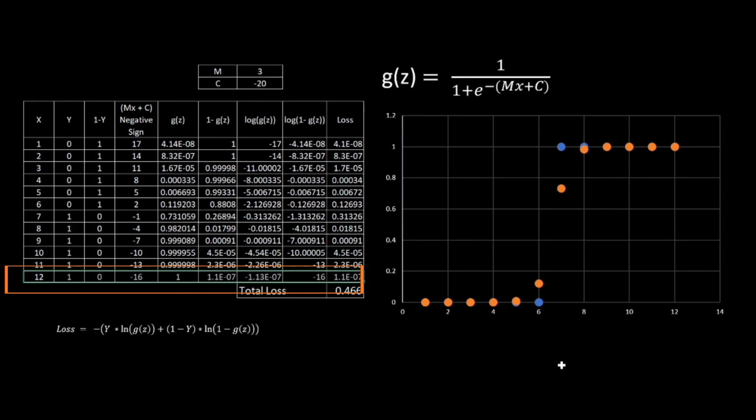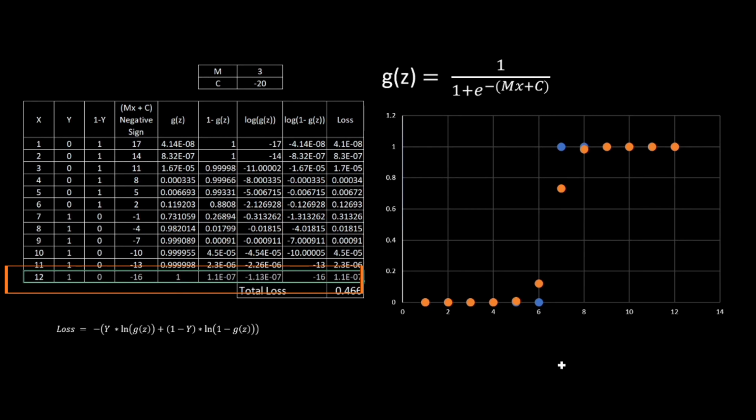The effect of minus 16 will not be taken care in the loss because it is already going to get multiplied to 0, and the other value, which is already very small, 1.13 into 10 to the power minus 7, that is going to get multiplied to 1. In that way, the total loss will be very low.